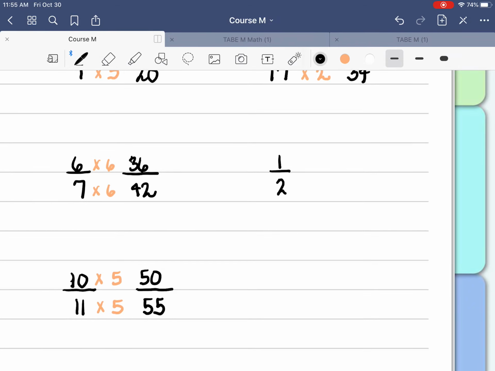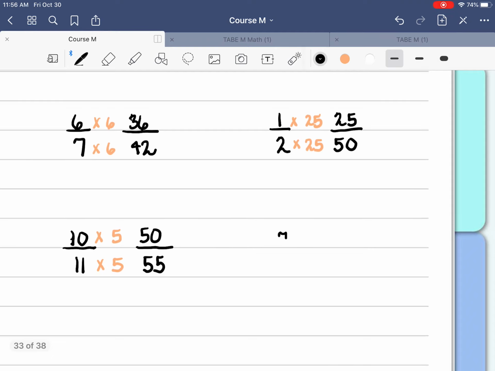1/2 is something over 50. Think of money. 2 quarters make 50 cents. 1 quarter makes 25 cents.